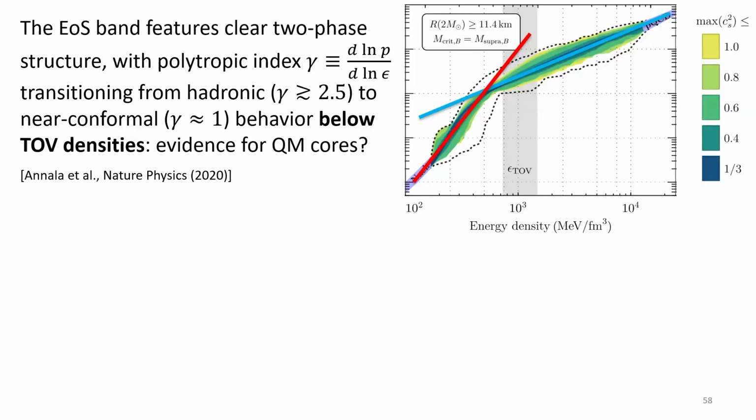And moreover, the point where these two lines meet, the point where there seems to be some kind of qualitative change in the slope of this equation of state band, turns out to take place at an energy density that's clearly lower than the energy density, the epsilon TOV value, that occurs at the center of a maximally massive neutron star.